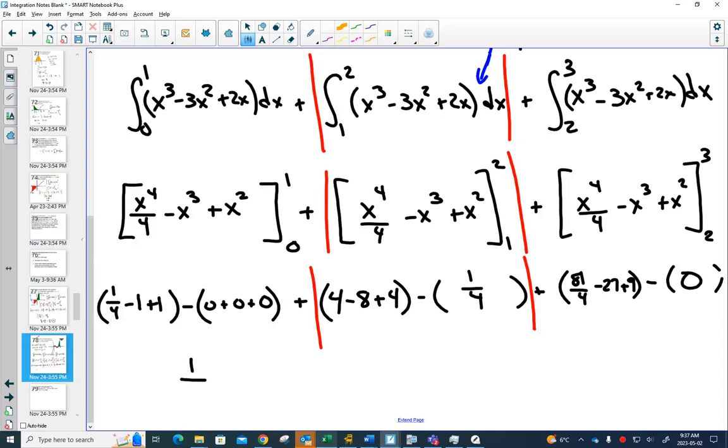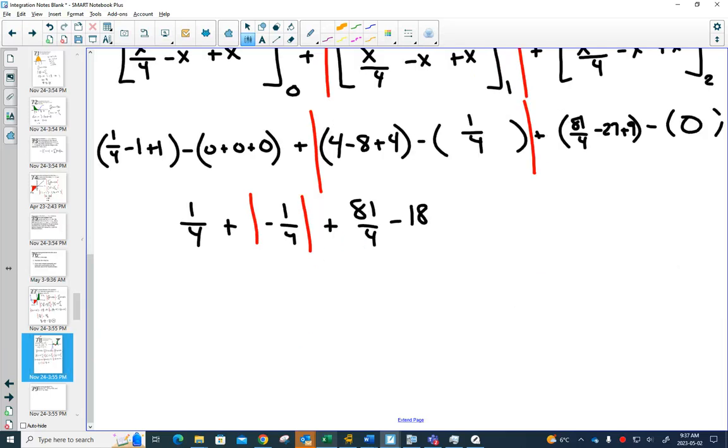So we get 1/4 plus the absolute value of negative 1/4, plus (81/4 minus 18).